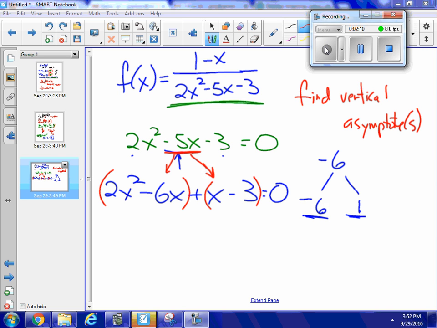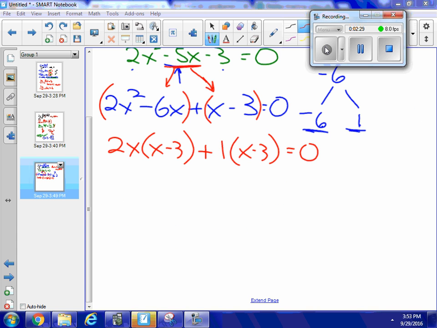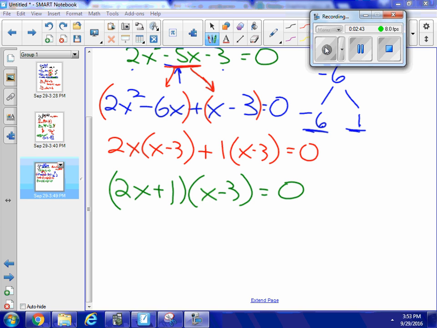From this group, I'm going to factor out a 2x, so I have 2x times x minus 3, plus 1 times x minus 3, equals 0. Now I can use the distributive property in reverse, and I have 2x plus 1 times x minus 3 equals 0.